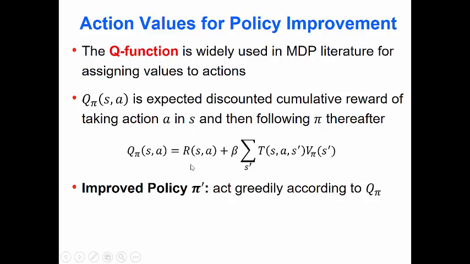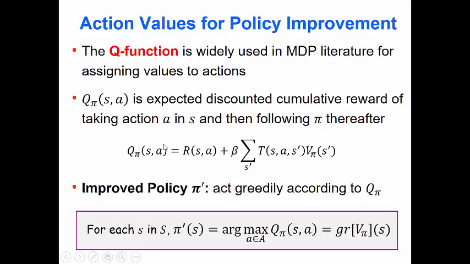So it's this immediate reward plus the future reward. This is a standard form that we're used to seeing. And the improved policy is just going to pick the action that looks best, has the best Q value for state S. So that's how we're going to define pi prime, the one with the best Q value for the Q function of pi.